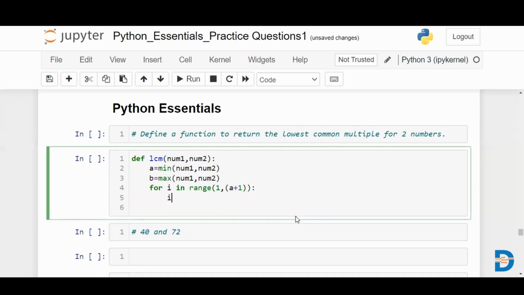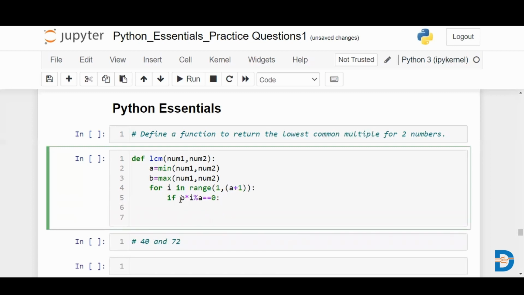And so what we're going to do is, beginning at 1, we're going to multiply each and every number by the larger number, which is to say B times I. And using the modulo operator, we divide this by A to see if it is perfectly divisible.